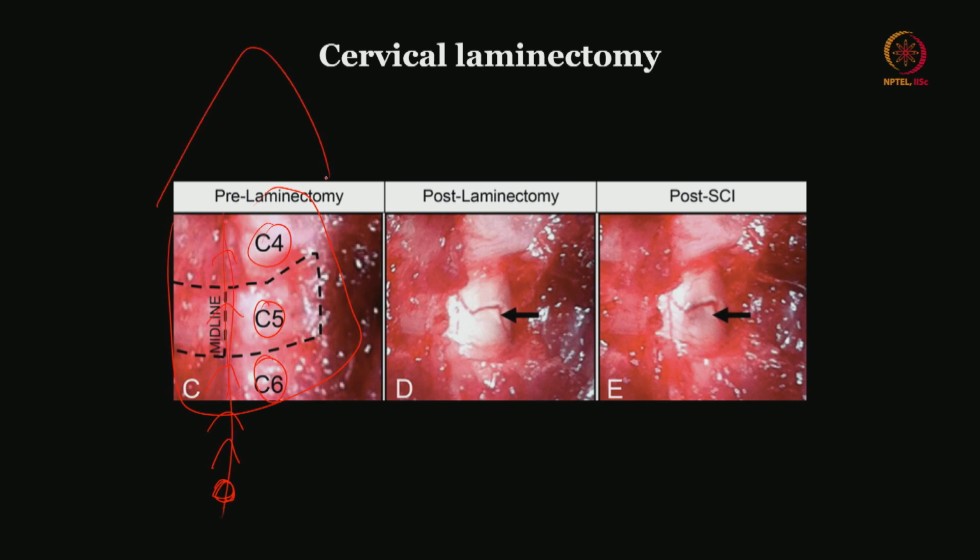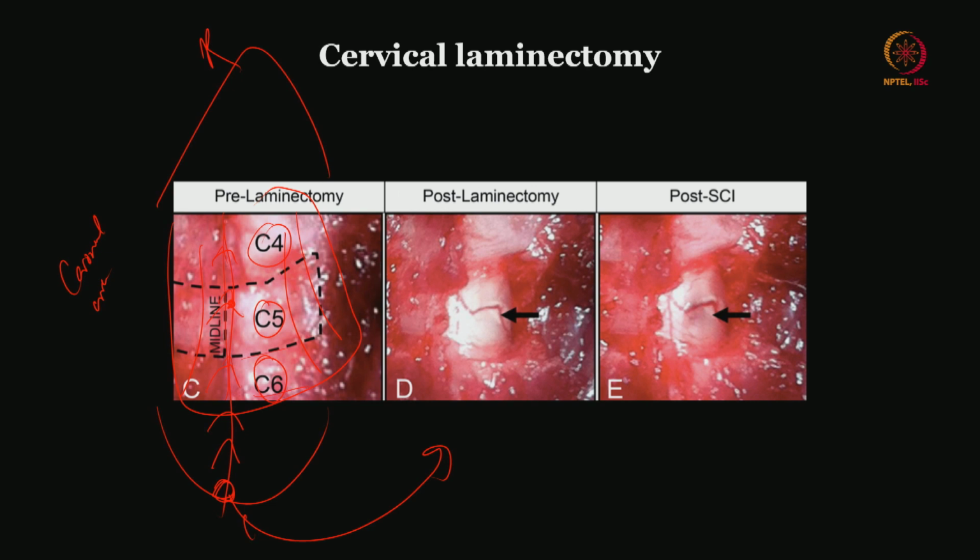That is how the rat is lying, rostral, caudal, alright. This is how they lie, and this is called a coronal orientation. Okay. So this is the dorsum, and we are going above downwards as we approach. So the skin has been retracted, muscle has been retracted, and the spinous process has been exposed, and this is the lamina that we have exposed.